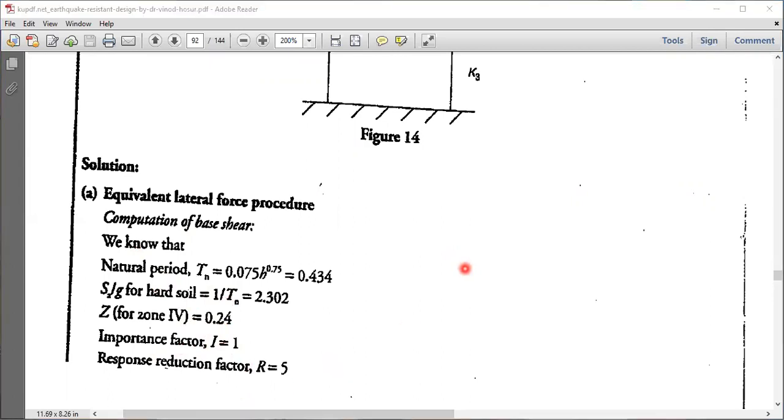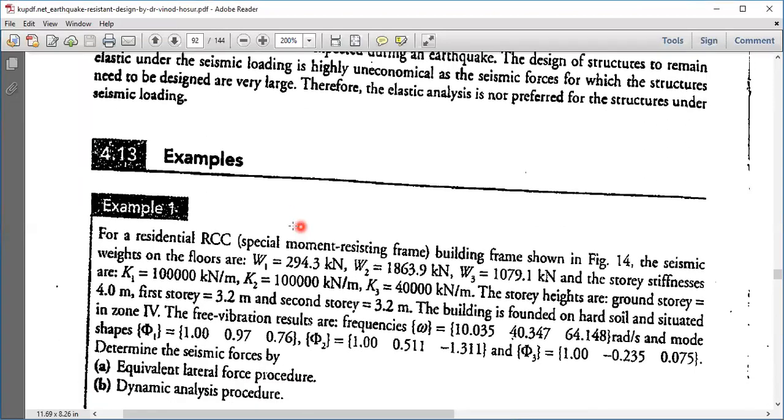Now for the importance factor, I have to go to page number 19. On page 19, I have the various importance factors mentioned over here. Now, what type of structure has been told to us in the question? It is a residential RCC building.